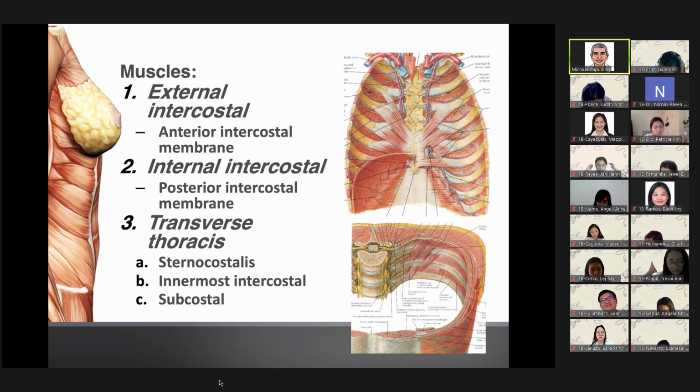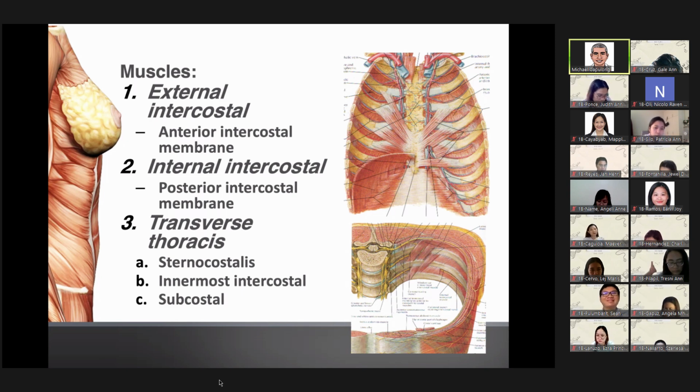Okay? So what about the third group of muscles, your transverse thoracic group of muscles? So you have three: your sternocostalis, your innermost intercostal, and your subcostal muscle.